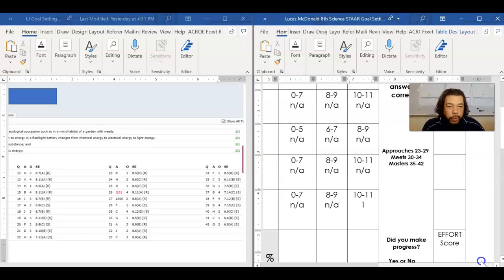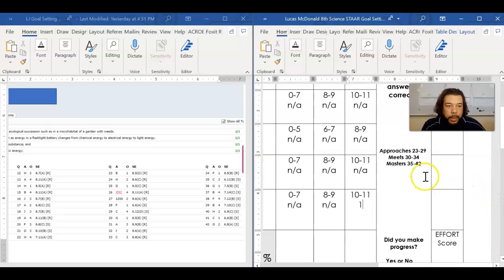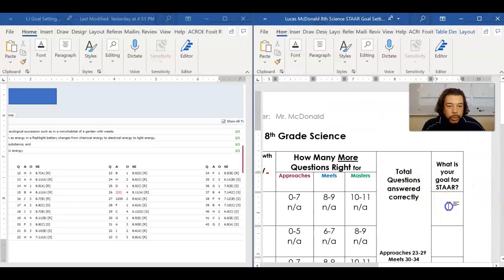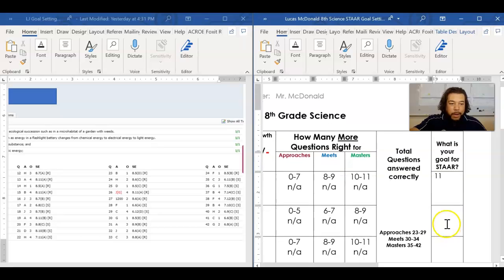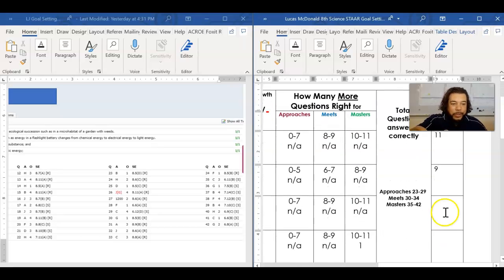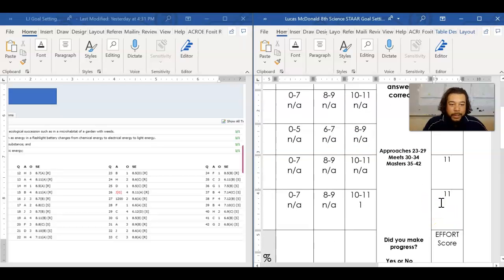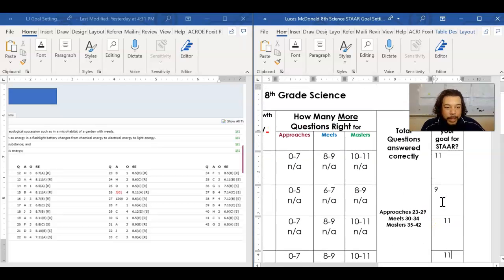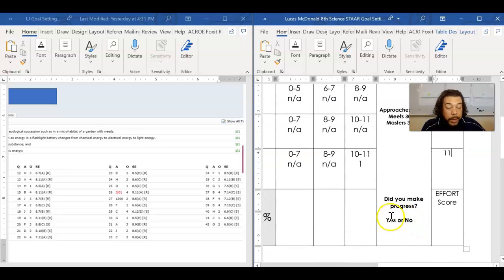As I scroll over a little bit further, we can see that he has his goals. So the goal here is going to be 11, whether he knows it or not right now, but I'm setting his goals for him. 9, 11, 11. So we can see that he is in the master's area, and he did make progress.